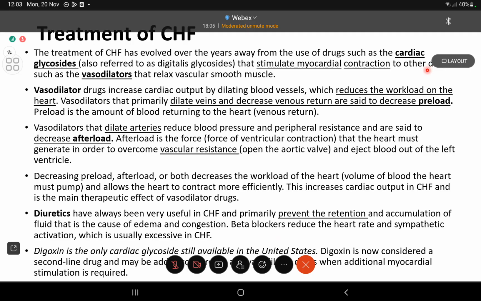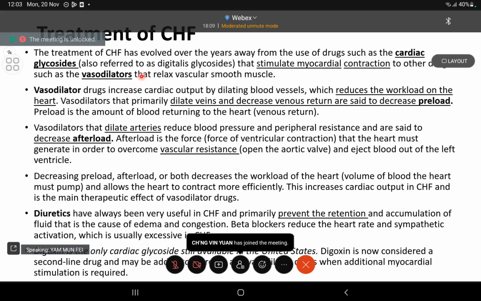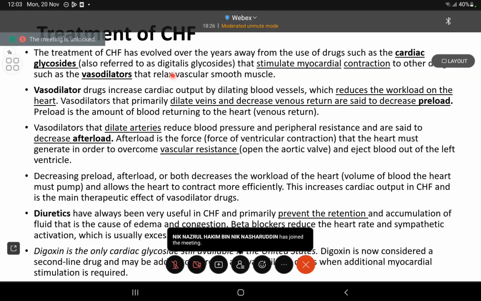And then the third drug we are going to study is vasodilator. Even though last week I discussed that ACEI and ARB have a vasodilation effect, sometimes they are not considered as vasodilator alone, because they are classified as another group which is related to vasodilation.